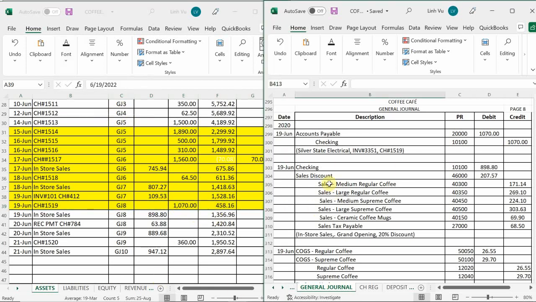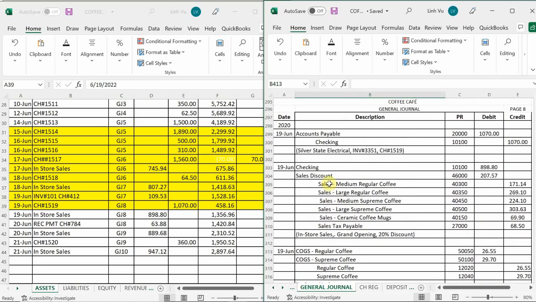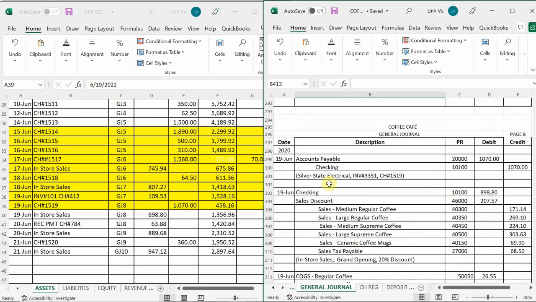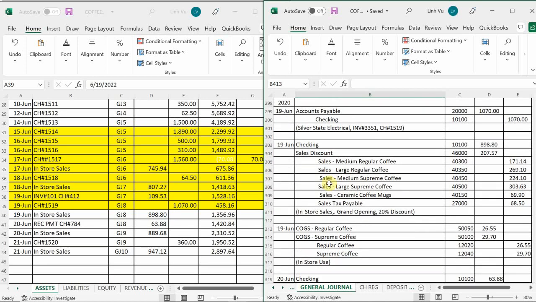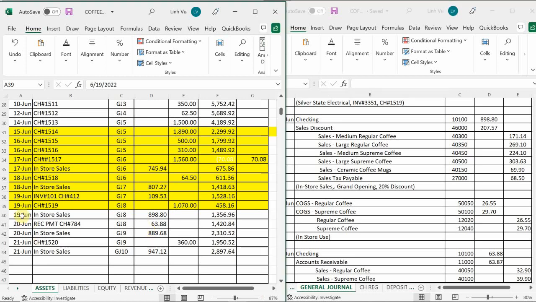Then again, we had another sales for the 19. Okay, so here's our in-store sales here. Okay, so we received some money. We received $18.93 or $18.98. Okay, or $8.98.